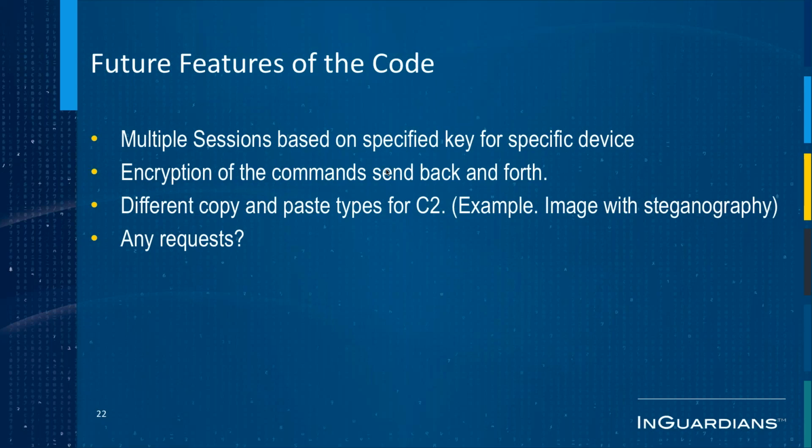When you're sending it through the clipboard, it's a one-by-one image, but all the code in there is using steganography, hiding the actual command and control data inside of the image in the background. So if they get it, it's a one-by-one image, but they have no clue what it's doing.